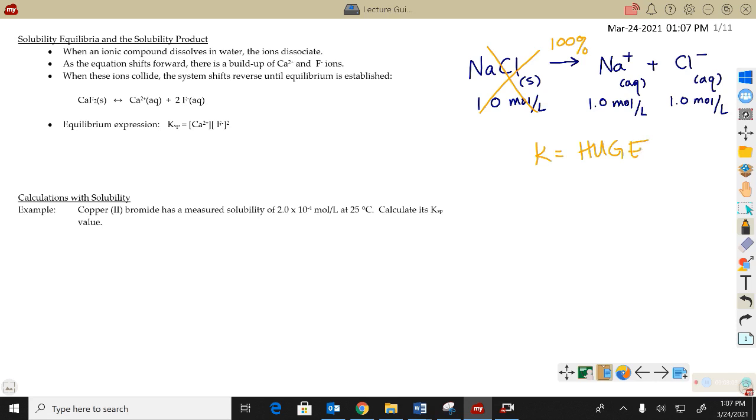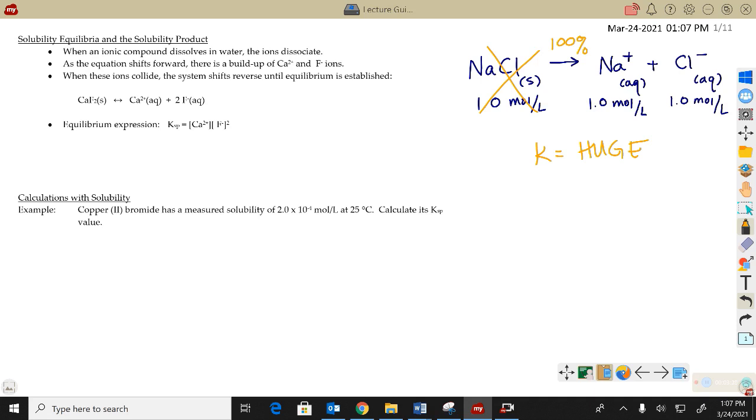And so often we don't even talk about it because the chance of this thing going in reverse is like zero to almost none. We use a one-sided arrow and we just say, yeah, sodium chloride is 100% soluble. It goes forward and you get 100% formation of ions.